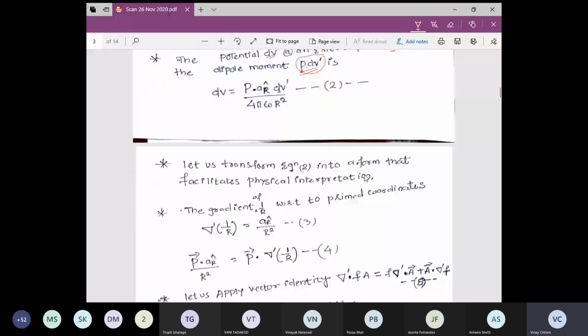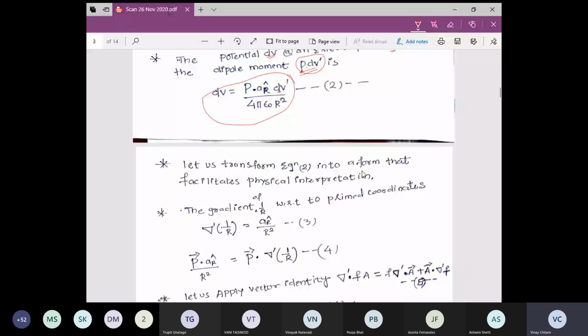Now let us transform this equation in a more convenient way, which will facilitate the physical interpretation.